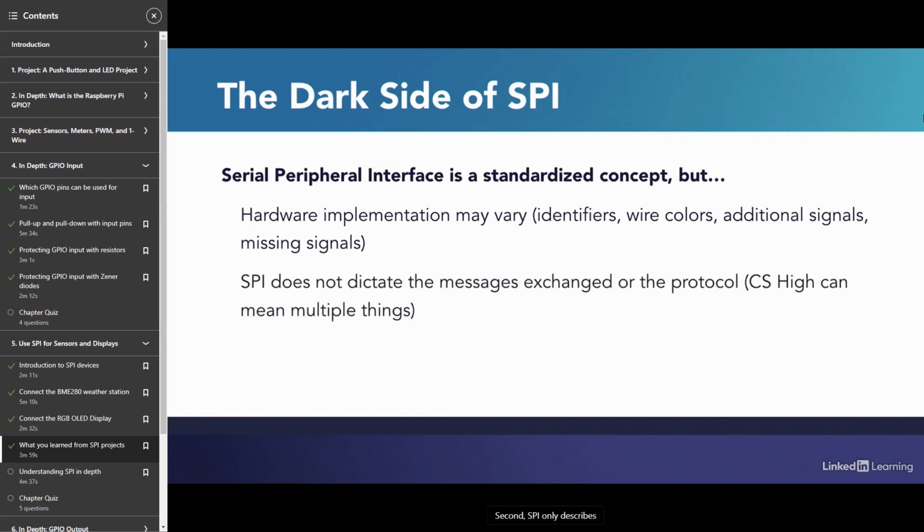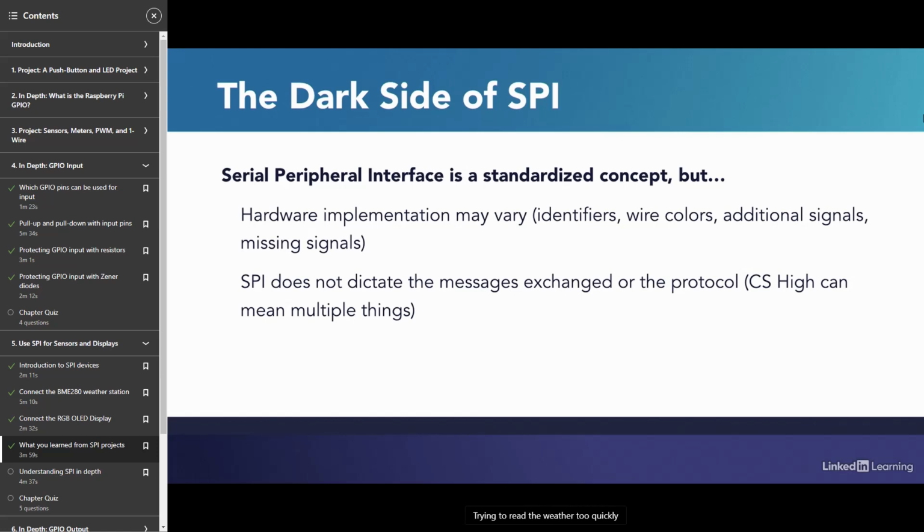Second, SPI only describes how the hardware will communicate. It does not describe the messages being exchanged or restrict how the chip reacts to SPI signals. As an example, the BME280 chip doesn't take a weather reading until the chip select goes low, at which time there will be a 40 millisecond delay.